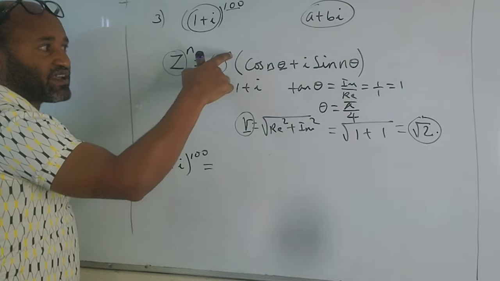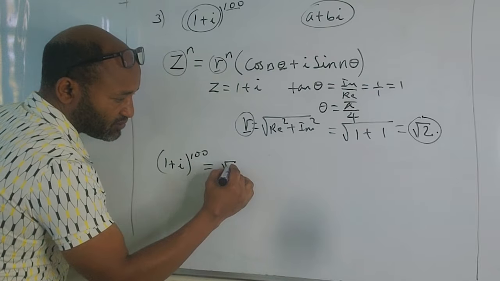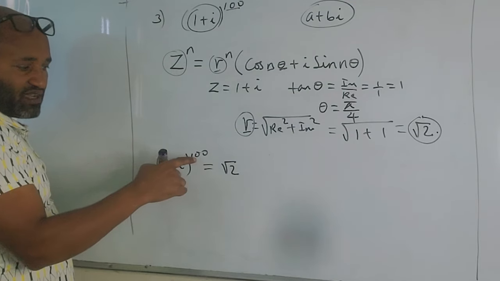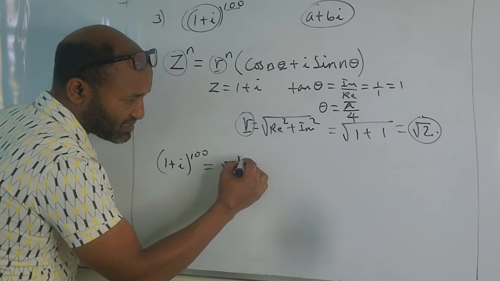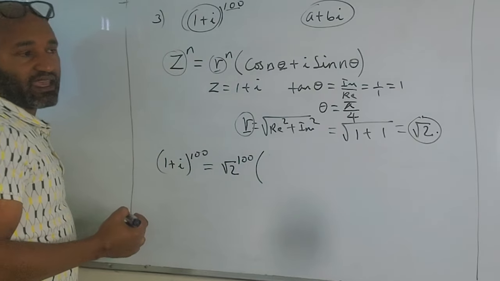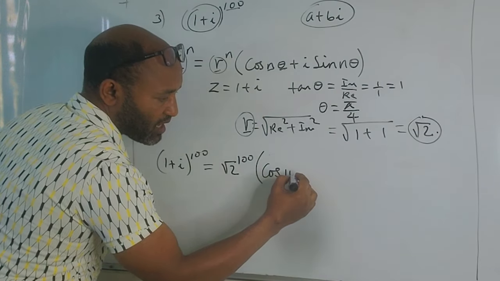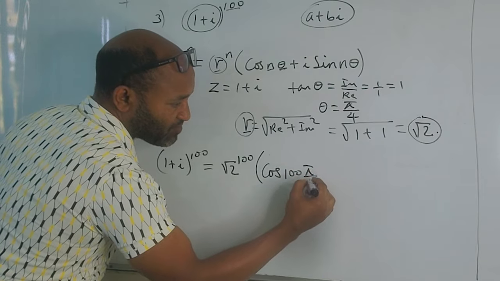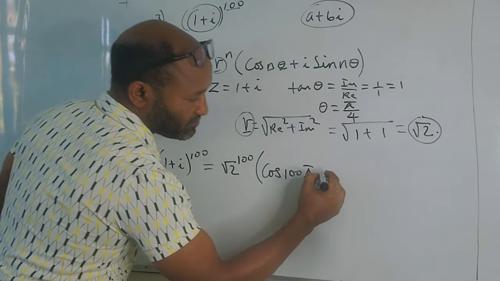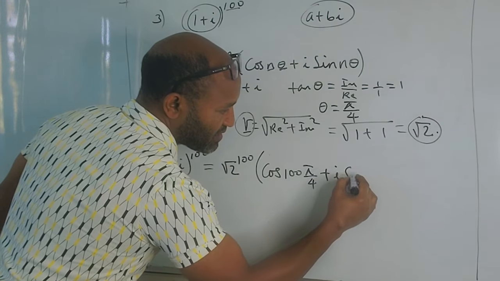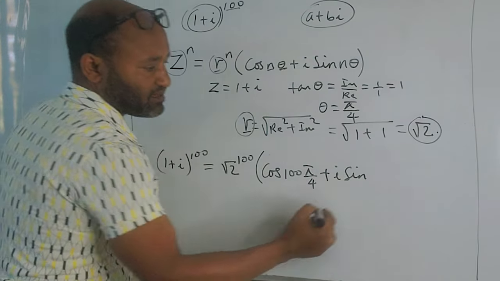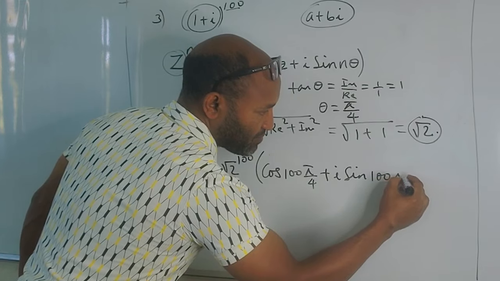Therefore r raised to n is radical 2 raised to n. What's n? The power of 100. In brackets, cos n theta, that is cos 100 times pi over 4, plus I sine 100 times pi over 4.